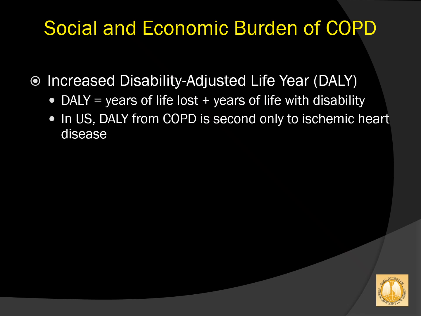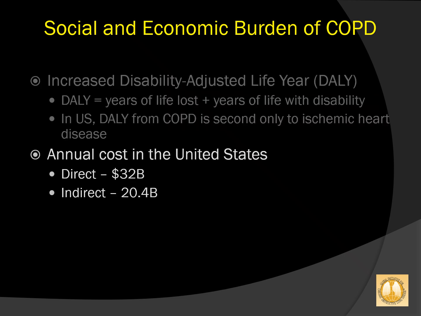So how about the social and economic burden of COPD? COPD causes increased morbidity. This can be measured by the disability-adjusted life year, which is years of life lost plus years of life with disability. In the United States, the only thing that causes worsened DALY is ischemic heart disease.